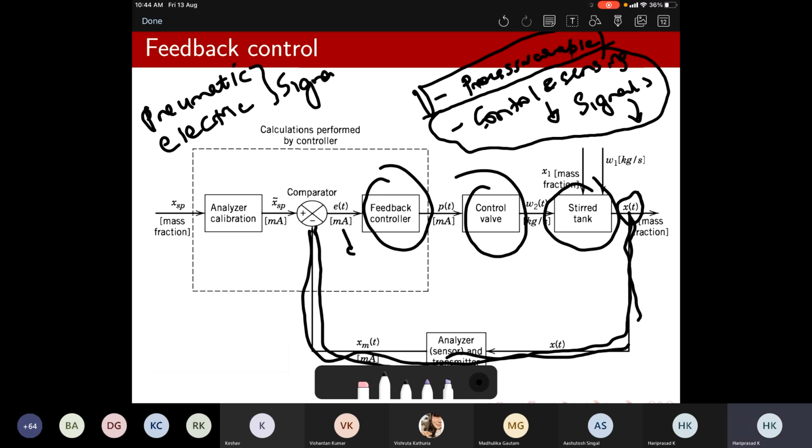Air is also used to signal because you can send pressure waves. A pressure wave would also give you an indication about a change, right? It is also instantaneous. If there is a pressure change in a line, immediately it would be sent to the other end. So either it could be through an electrical signal, and there are some specific cases where you use a pneumatic signal. We'll talk about that.